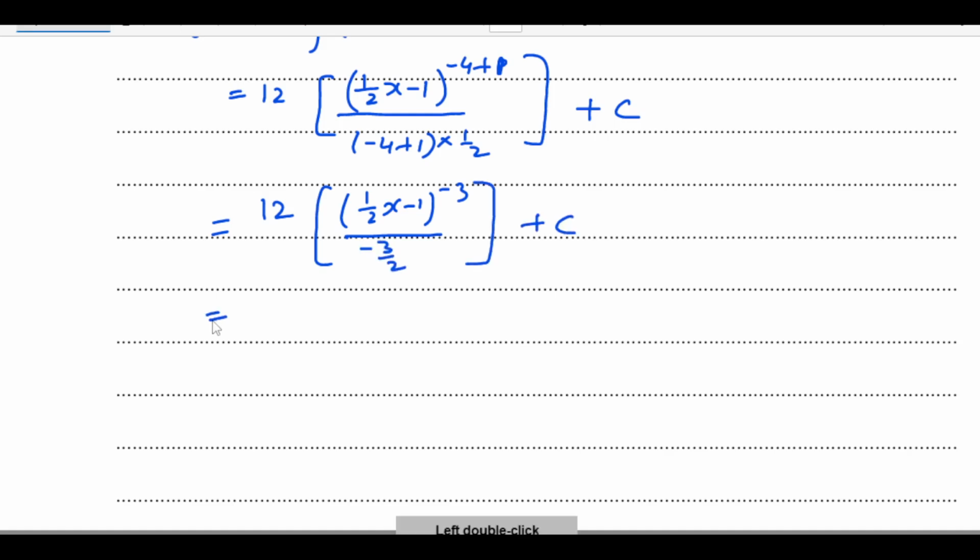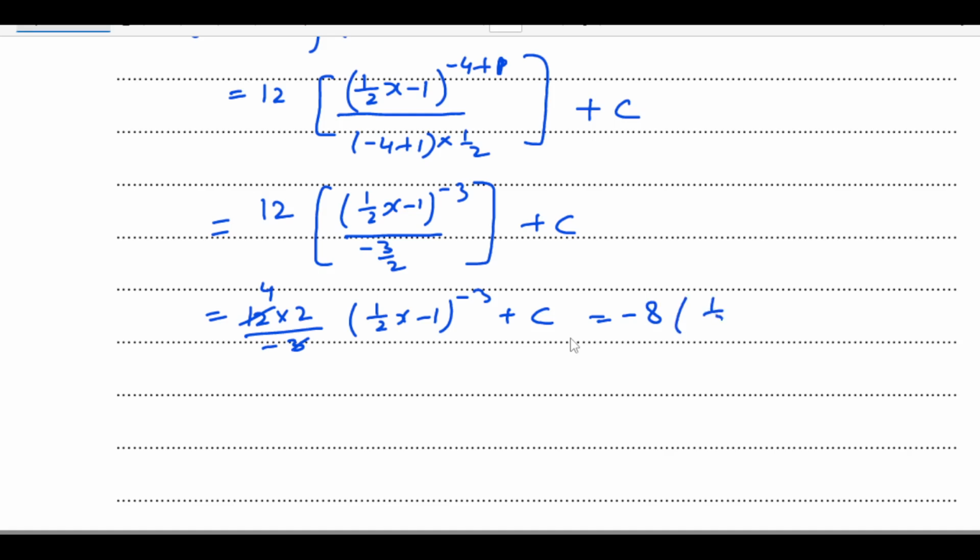So we can rewrite this as 12 times 2 over negative 3 into (half x minus 1) power negative 3 plus c. So this is 3 times 4, so this becomes negative 8 into (half x minus 1) power minus 3 plus c.